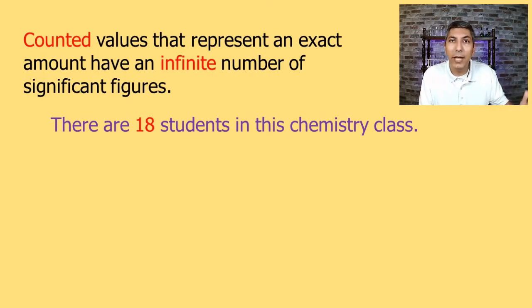We've actually counted that number. And as long as we know how to count, as long as that's the actual correct answer, there's no uncertainty there. It is exactly 18 students. It's not 18.1 students. It's not 17.9 students. It's exactly 18. So that number, since it's a counted value, would have an infinite number of significant figures.